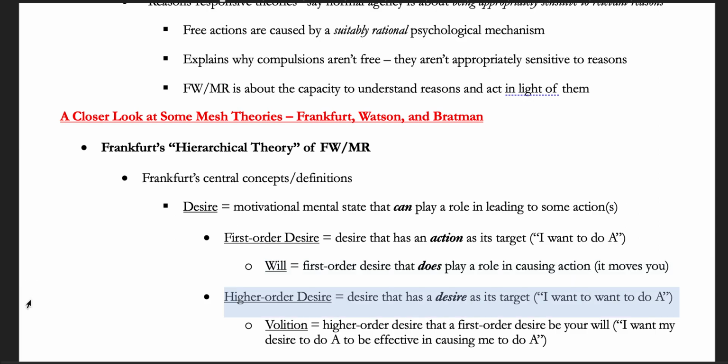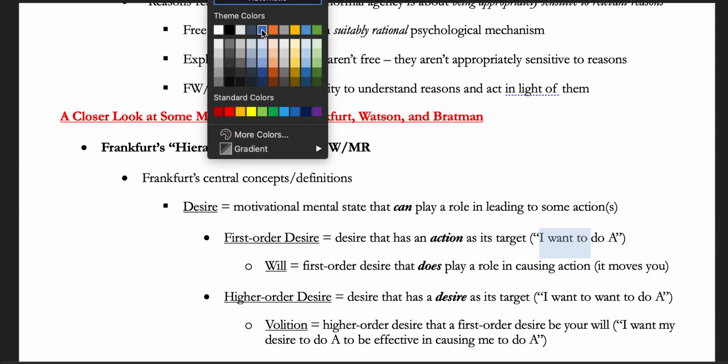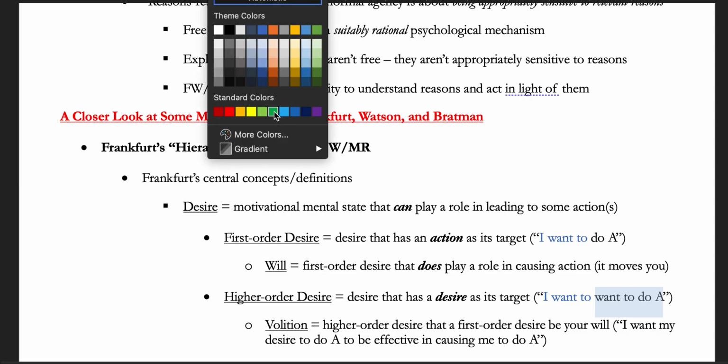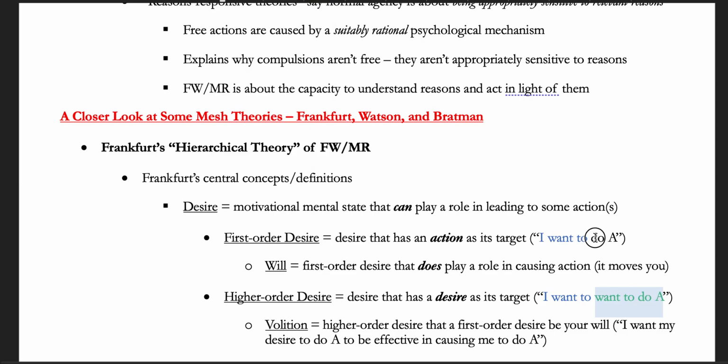Now, a higher order desire is a desire that doesn't have an action as its target. That's the desire part: I want to, and this is the thing you desire. So in a higher order desire, the target of your desire is just another desire.